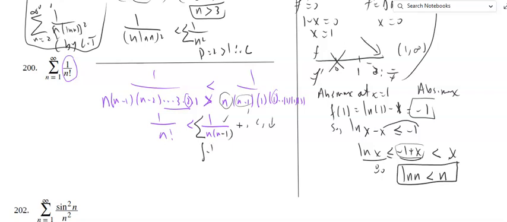And if I integrate 1 over x times x minus 1 dx, now you're aware that this is a over x plus b over x minus 1. Once we learn the limit comparison test, there's no point in using the integral test.